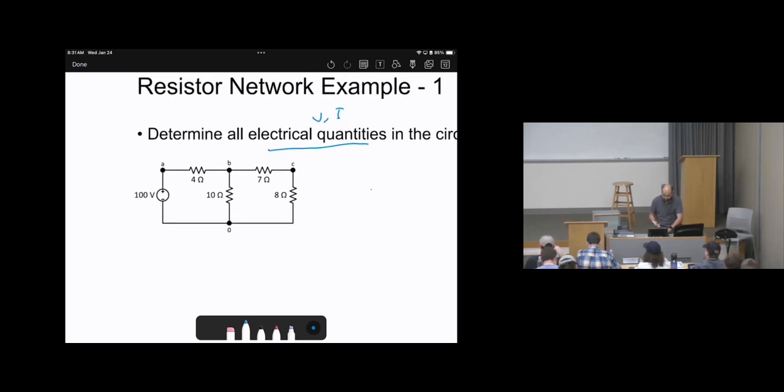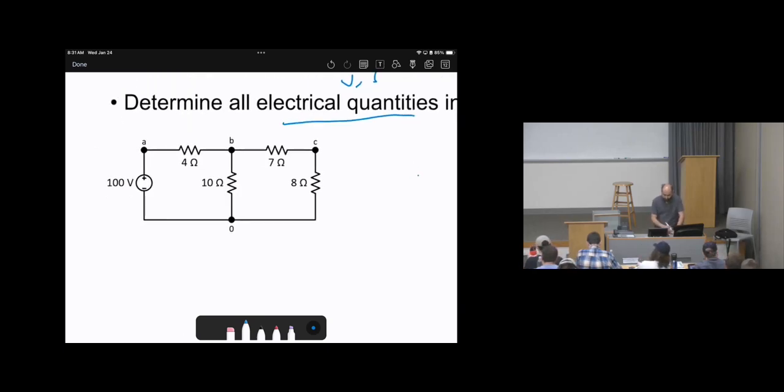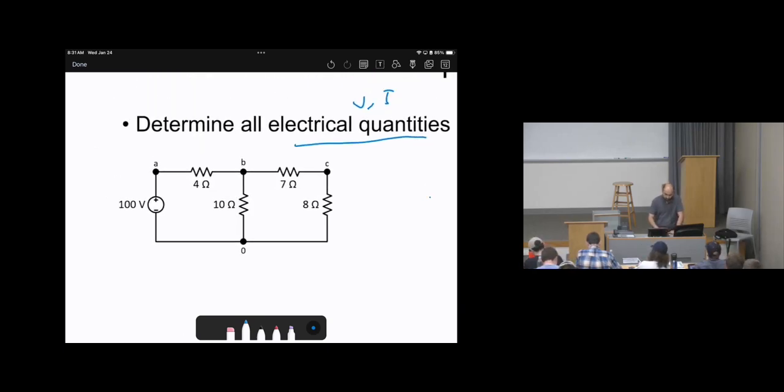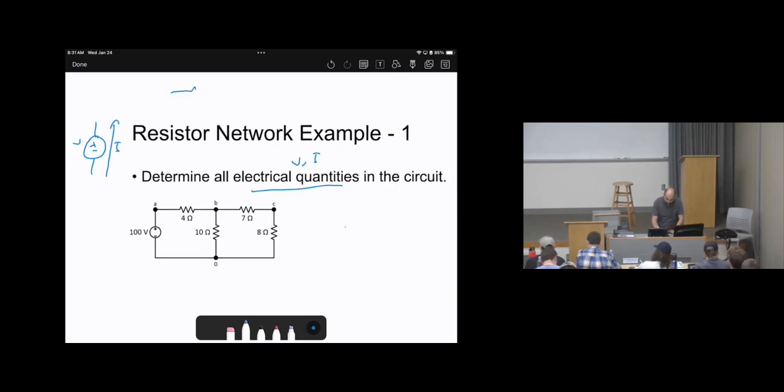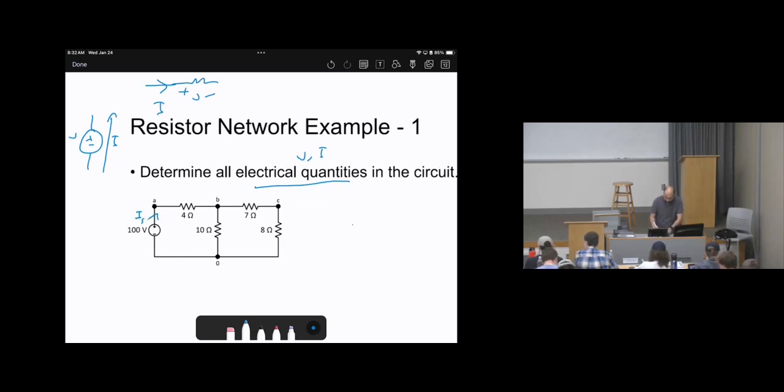Let's label all of the currents. According to our procedure, the current must go out from the source, while for the resistor, we want the current to enter the positive polarity of the resistor to make sure Ohm's law is positive. The current starts from the source; here is I source.